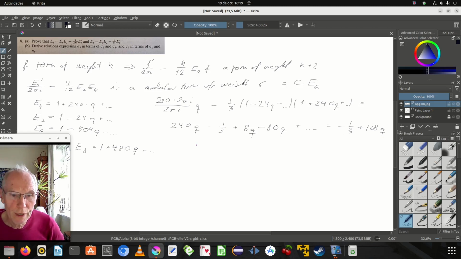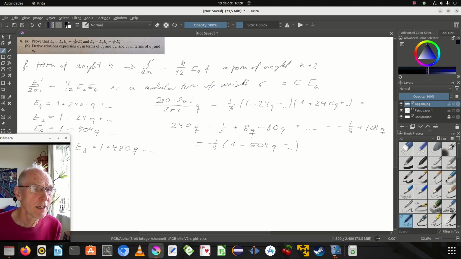That's really weird, but let's take 1/3 out, rather minus 1/3, 1 minus, and 3 times this gives 504q. So we have confirmation that it's minus 1/3 times E6.